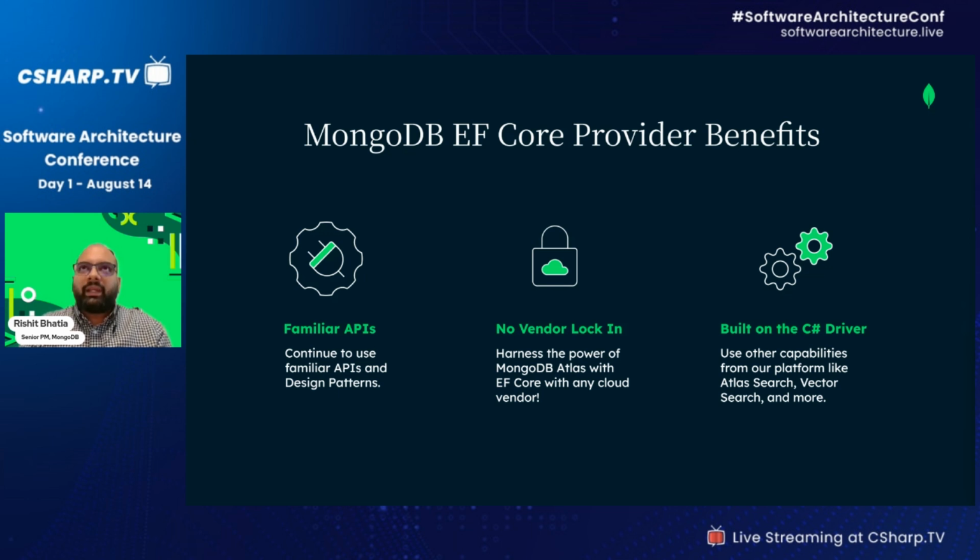Now, what are the benefits of the MongoDB EF Core provider? The first one is it allows you to leverage familiar APIs, query paradigms like LINQ, and design patterns. The second most important thing is there is no cloud vendor lock-in. What this means is if you're using MongoDB Atlas, you can use the cloud provider of your choice, be it Azure, AWS, or GCP.